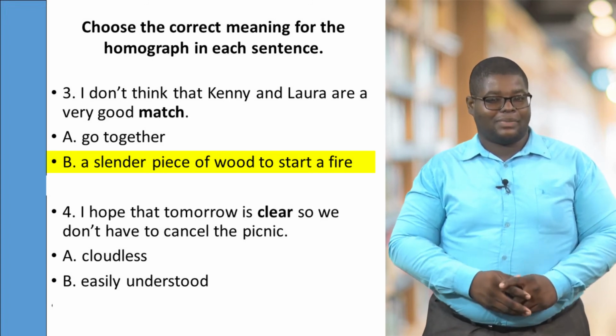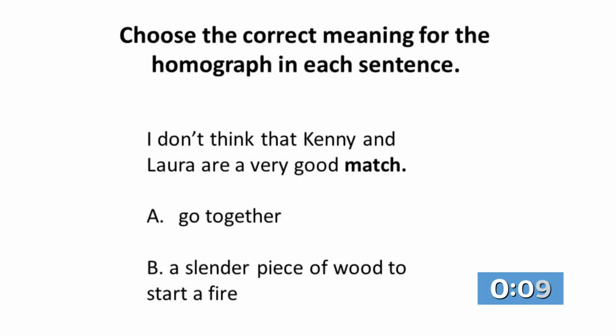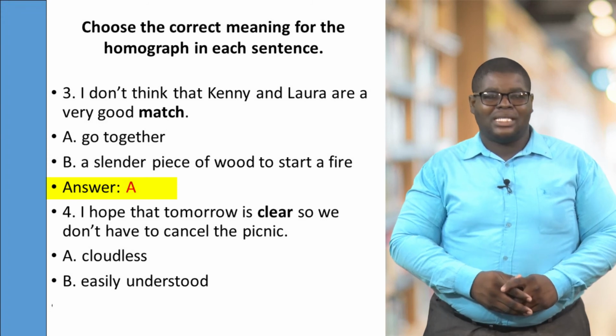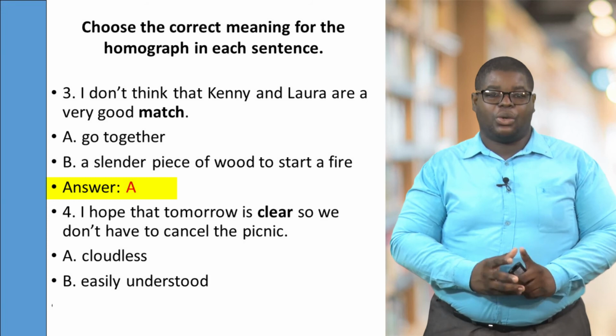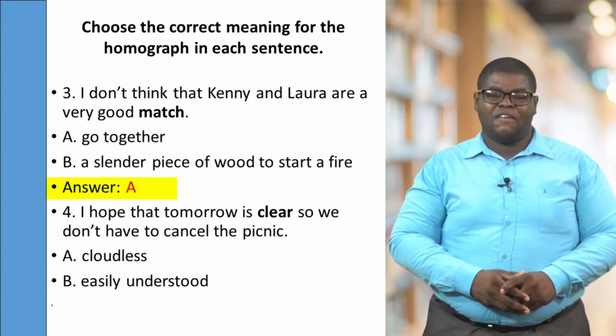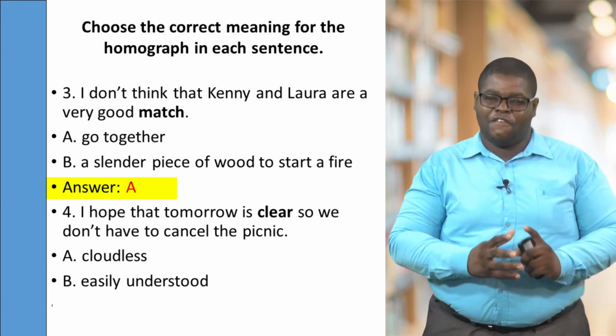What is your answer? A, go together. So in this context, the homograph match is referring to go together. So I think, they're a very good match. I think they go together very well.